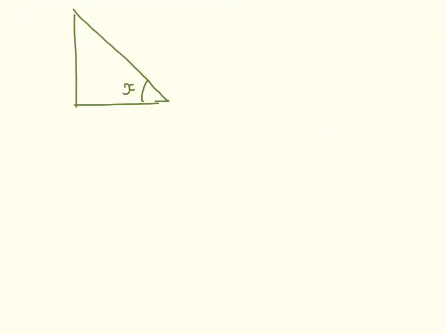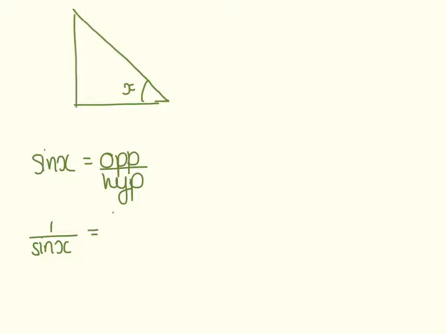So what do these actually represent? Well, if sine x is opposite over hypotenuse, so it's the relationship of the opposite divided by the hypotenuse, it's a ratio, then the reciprocal graph, cosec x, or 1 over sine x, is going to be 1 over the opposite over hypotenuse. Now I know I've done a double fraction and that's a bit horrible, but it serves the point for this.